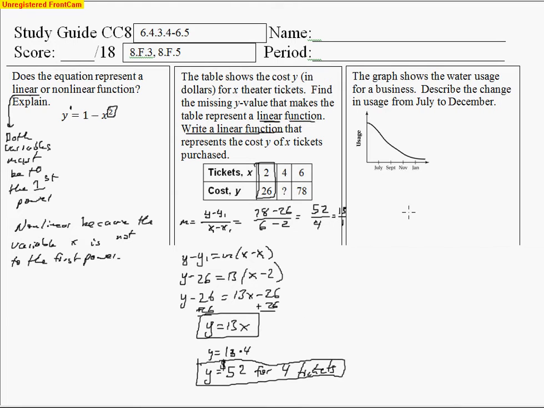Looking at the next one, it says the graph shows the water usage for a business. Describe the change in usage from July, right here, to December. December is in between November and January, so I'm looking at from this point to this point. Notice how it's a curve. Whenever I see a curve, that means I need to use an increasing rate or a decreasing rate.